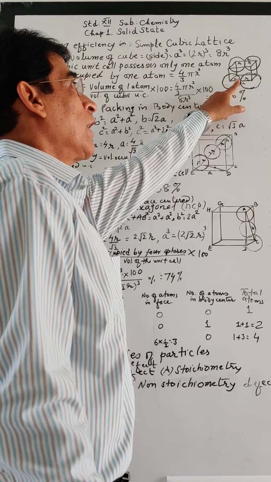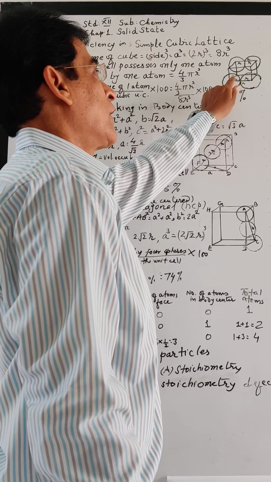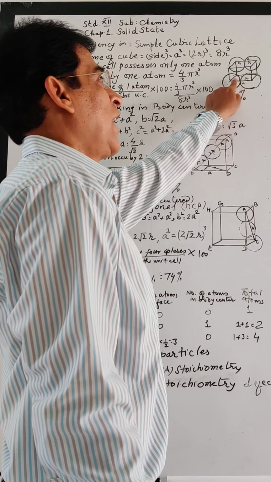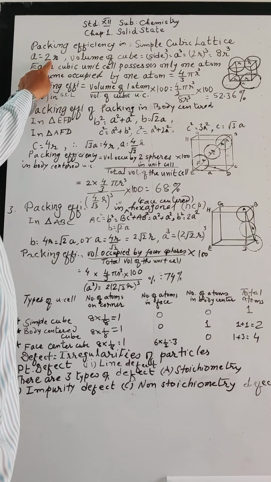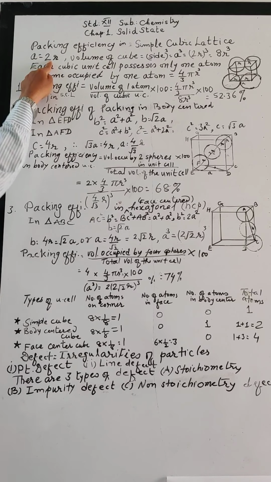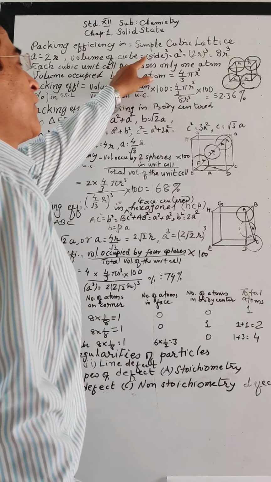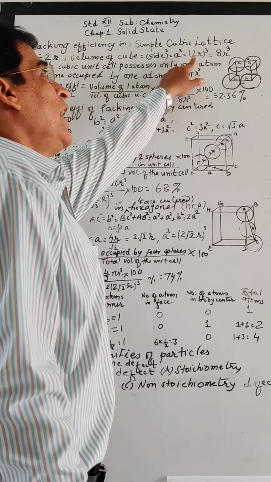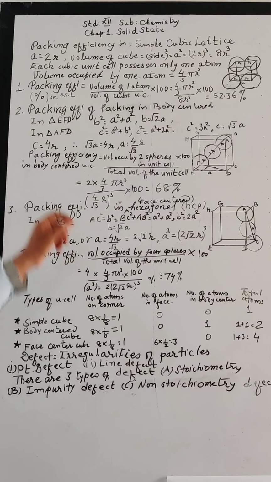In this figure of simple cubic lattice, there are two spheres and one R, and one side is equals to A. So A equals to R plus R is equals to 2R, and volume of cube means side cube, which is A cube. A means 2R cube, that is 8R cube.